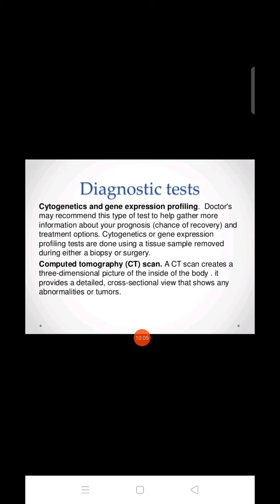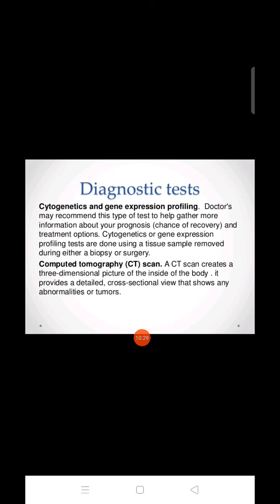The doctor may recommend this type of test to help gather more information about your prognosis, chance of recovery, and treatment options. Cytogenetic or gene expression profiling tests are done using a tissue sample removed during either a biopsy or surgery.